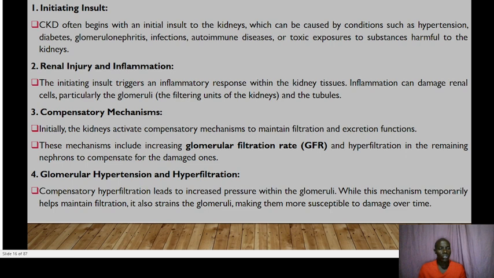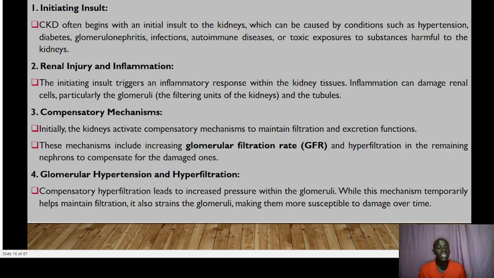So the initiating insult normally triggers an immune response within the kidneys. This inflammation can damage renal cells, particularly the glomeruli and the tubules. Initially, the kidneys will activate compensatory mechanisms to maintain filtration and excretion functions.